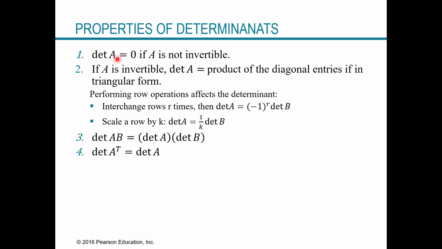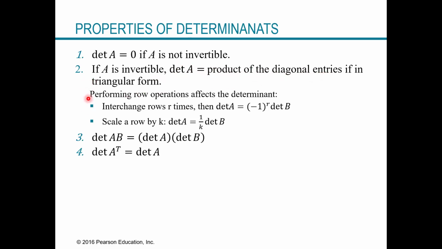All right, now let's remember some things about determinants that we've seen before. Four facts that we've seen in the past, but just reminding you. If the determinant of A equals 0, A is not invertible. If A is invertible, then the determinant of A is the product of the diagonal entries, as long as it's in triangular form.